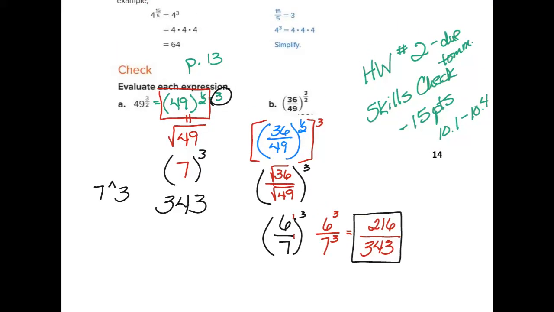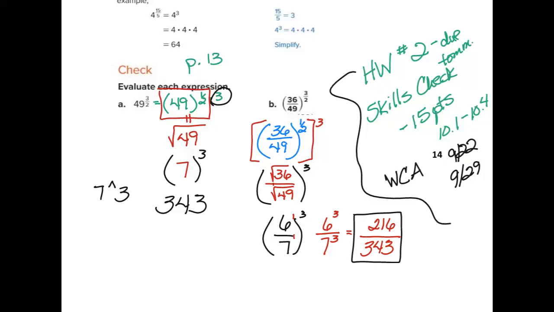Also, there is the weekly Canvas activity, the WCA. If you did not do the one for last week, that's 922, and the one for this week is 929. So there is lots for you to do concerning math, okay? If you have questions, I'll be right over there at the desk.